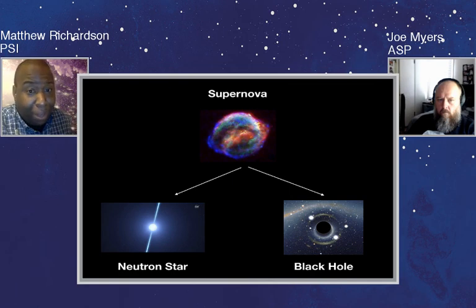But from my understanding, let's put it this way: hydrostatic equilibrium typically occurs for objects that are spherical.